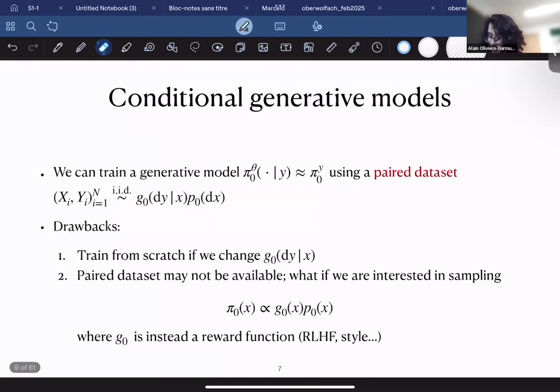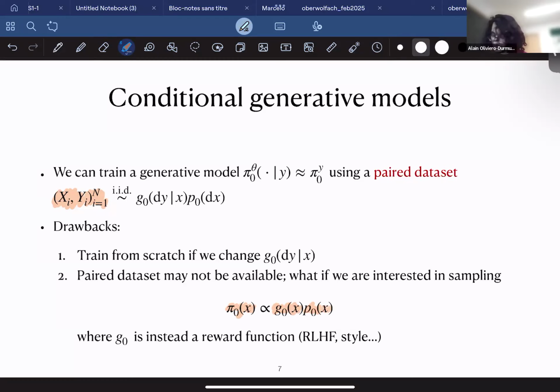And second, here I'm supposing that I have access to joint observations xi, yi from my joint model, and in many situations you may not have access to such observations. Think of the case where the distribution you want to sample from, again, is the product of the likelihood G0 times a model.